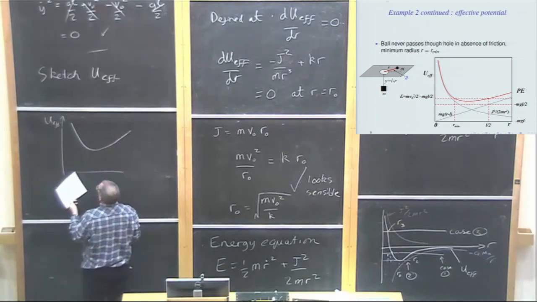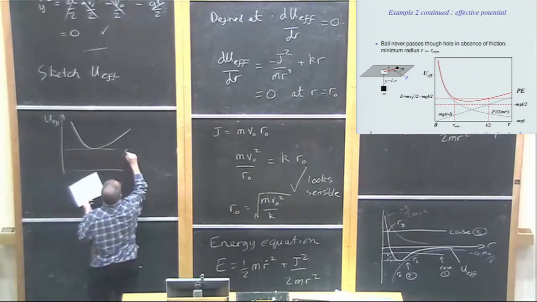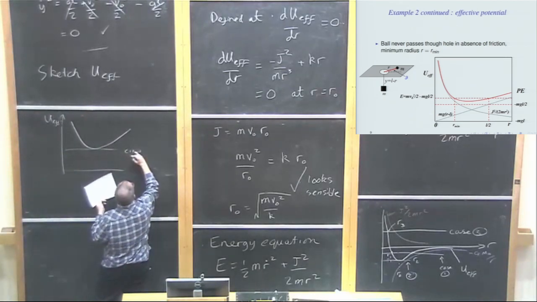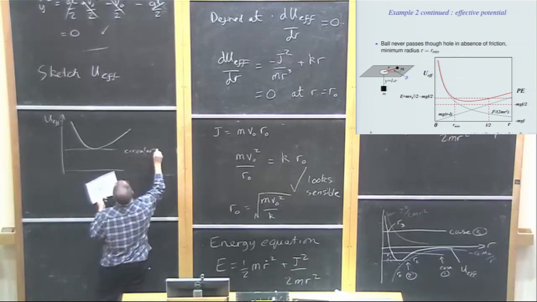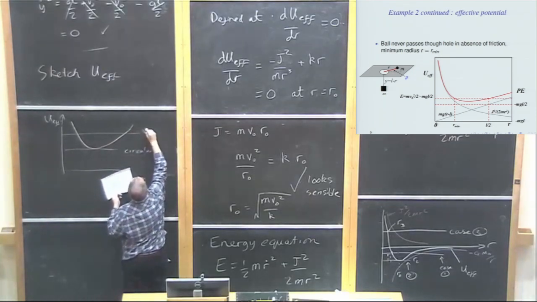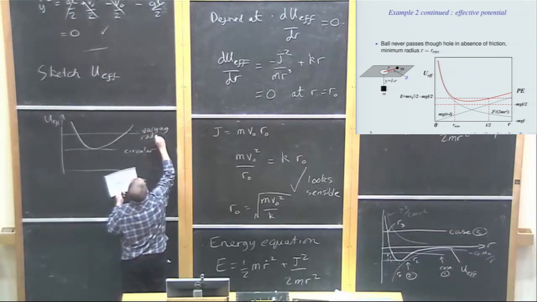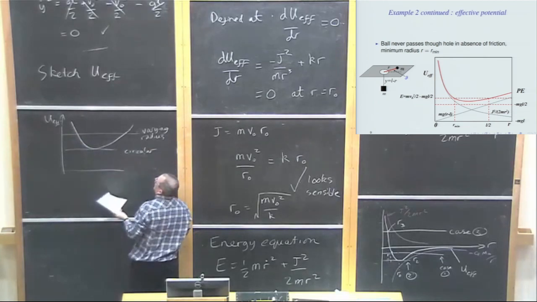So we have, again, two possibilities. This is circular motion if we have an energy there, and then this is a varying radius if we have an energy which is larger.